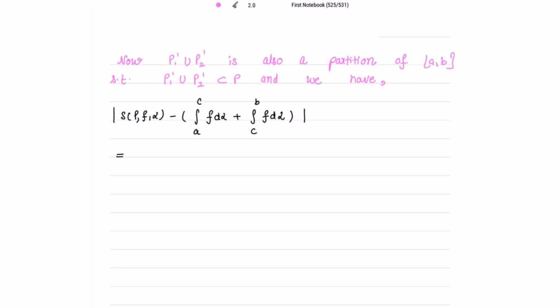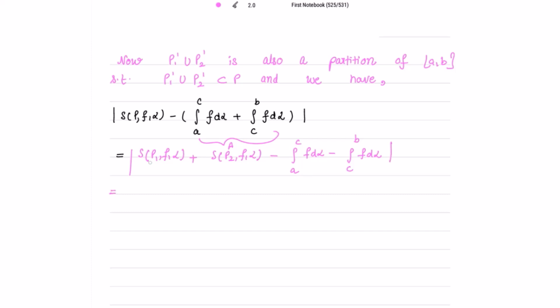And what is required to prove? This is your A. So subtracting this A from S(P, f, α) and taking the modulus, from here you have to continue. So this is equal to the modulus of S(P, f, α), and P is a union of P1 and P2, so this is S(P1, f, α) plus S(P2, f, α) minus the integral from a to c of f dα minus the integral from c to b of f dα.